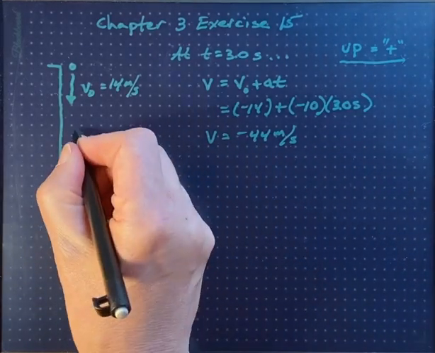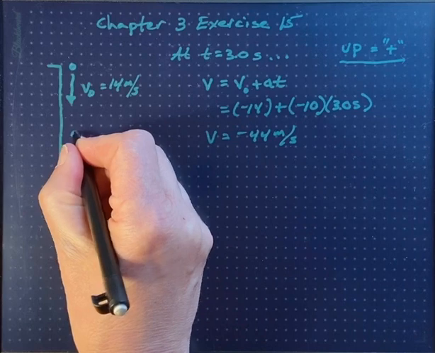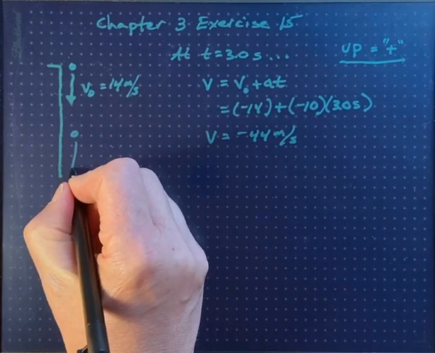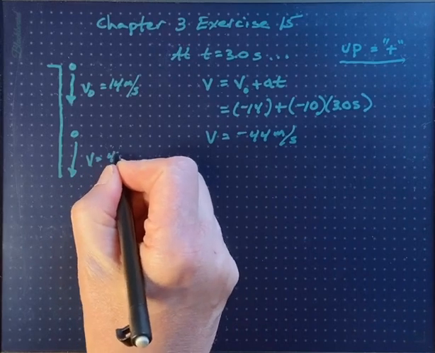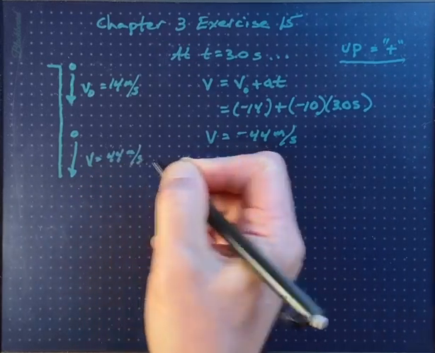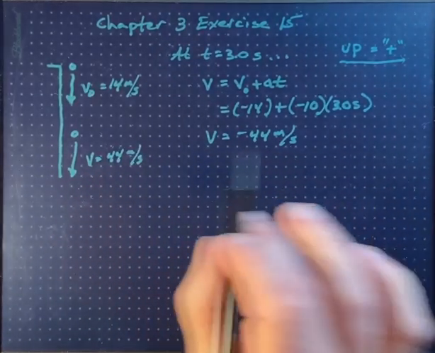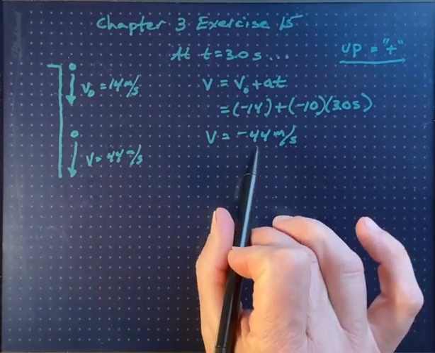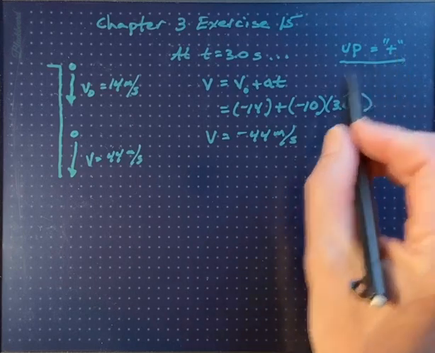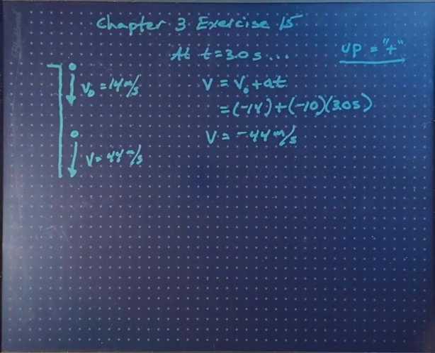It means that when the ball gets down here, wherever it is, it's also moving downward with a velocity which is equal to 44 meters per second. The point is, in a drawing, the arrow works to tell you the direction, but in math, you have to use a plus sign and a minus sign to get direction.